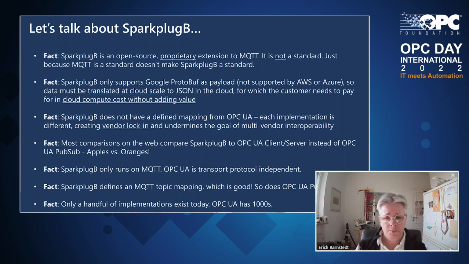That data conversion becomes a real compute overhead when you're using the cloud with many, many different assets connected to it, and it adds no value. So you're much better off using a payload like JSON, for example, that all cloud services natively support, so you don't have to convert the data again in the cloud.